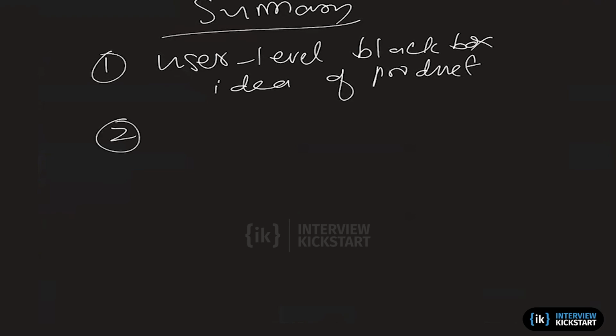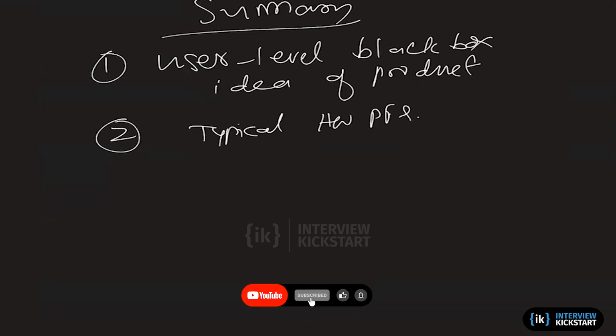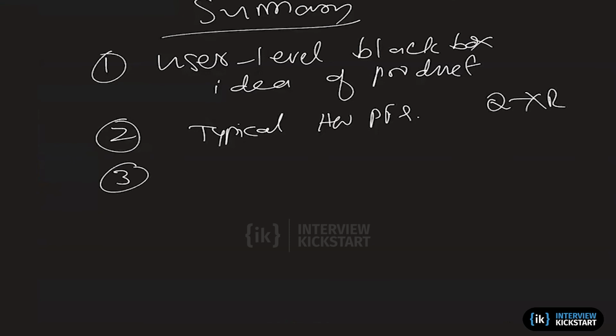Then talk about typical hardware platforms, if you have read about them, like the Qualcomm XR platform and so on. Then talk about the external interfaces like the cameras. It's common sense, right?